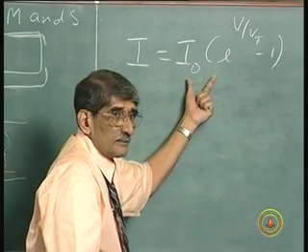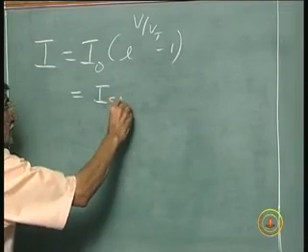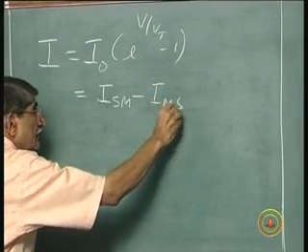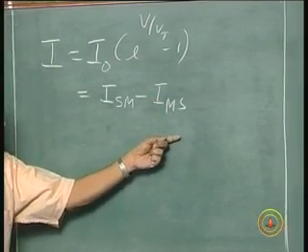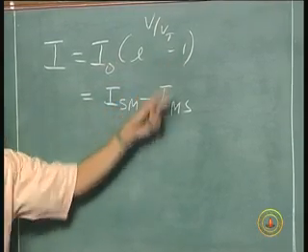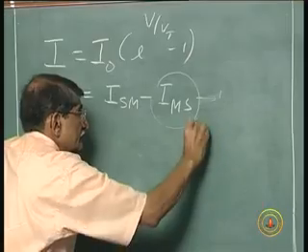So this is the current due to the semiconductor to the metal minus the current due to the metal to the semiconductor, and the first term, I naught, does not change, it is all the time I naught.